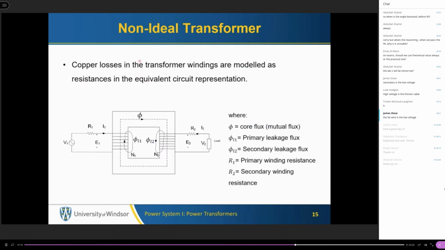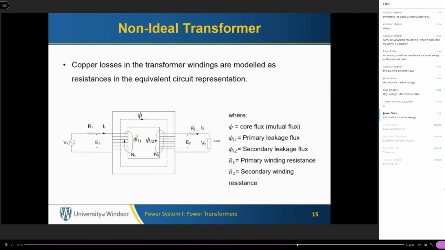So for the copper losses, I mean to integrate the resistance of the coil, we can get the resistance out. So R1 and R2 represent the copper losses of the primary and secondary windings. Okay. The flux leakage, I mean phi L1 and phi L2, can be represented by reactances, as you will see in the next slide.